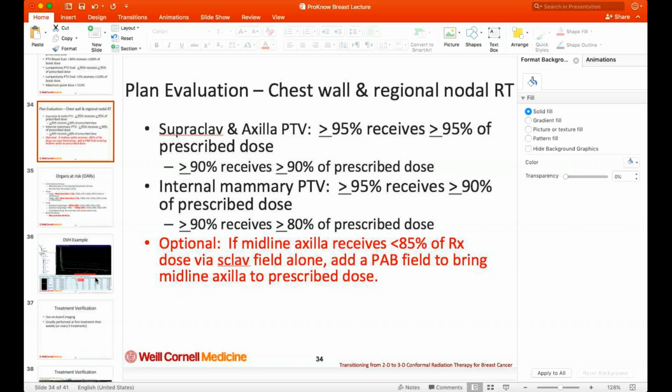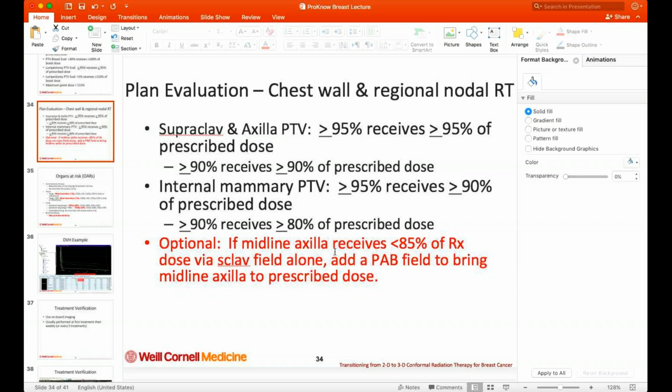So I like to assess each axillary level on its own, and we want to make sure that about 95% of that volume is getting 95% or more of that prescribed dose. Or if you can't achieve that, 90% is getting 90% of the prescribed dose.